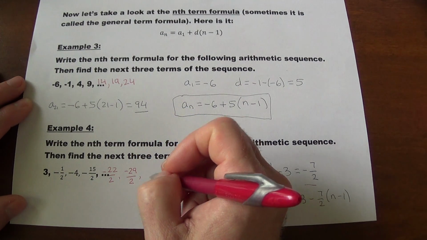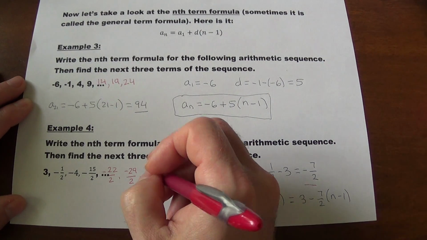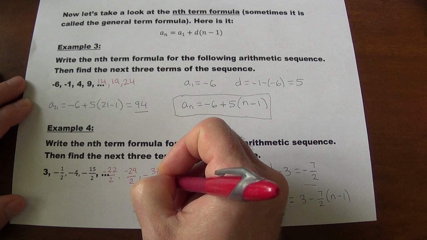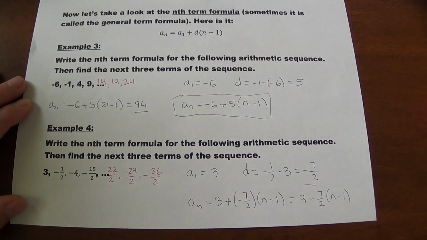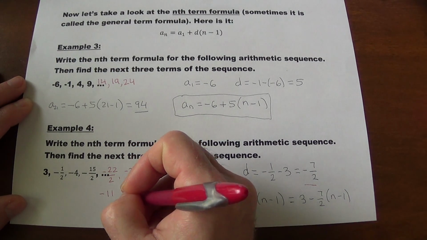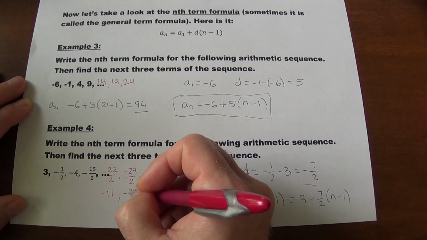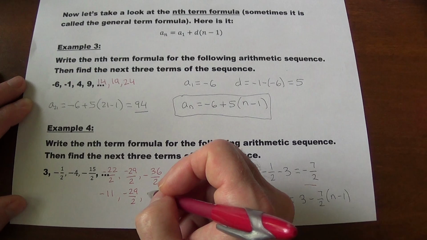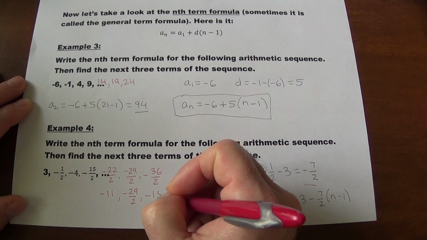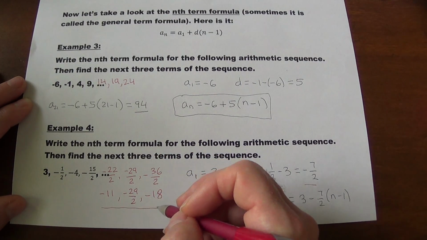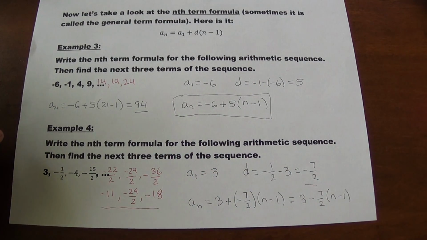And negative 29/2 plus negative 7/2 will give you negative 36/2. We do need to make sure that all these numbers are simplified. Negative 22/2 is actually negative 11. Can't do anything about negative 29/2, that's going to stay like that. And negative 36/2 will simplify to negative 18. And that takes care of the next 3 terms of the sequence.